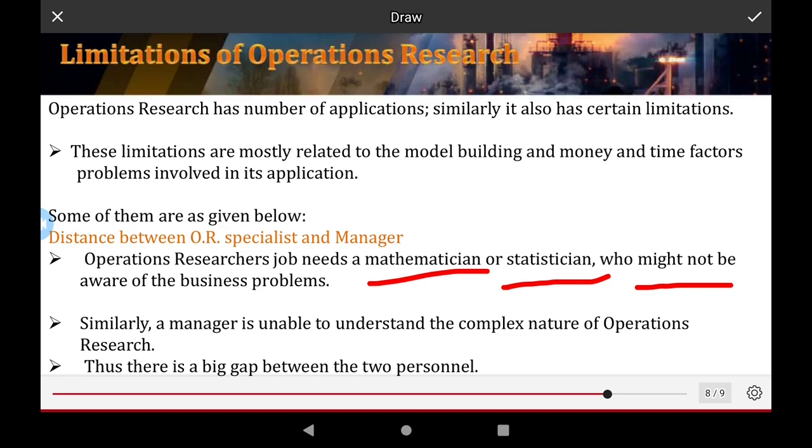Operation research is very good, okay. And similarly, managers are unable to understand the very critical, very complex nature of operation research. Such are the applications, which are very good.